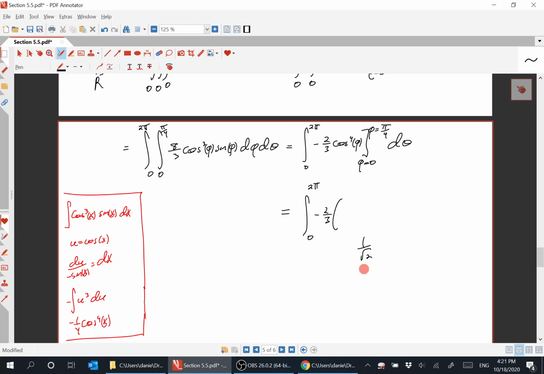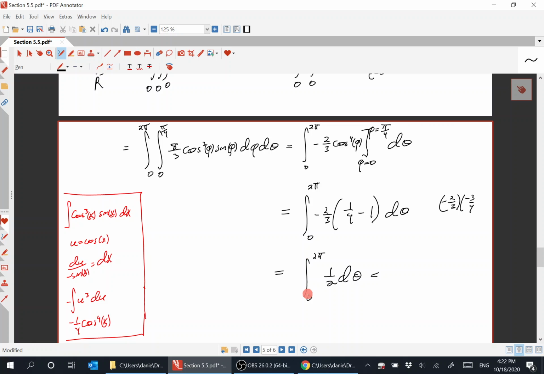You take that to the fourth power, you square it, you get a half, fourth power, you get a quarter. So that's 1/4 minus at 0, you just get 1, d theta. So this whole thing is equal to minus 3/4, minus 2/3 times minus 3/4, so it's just positive a half.